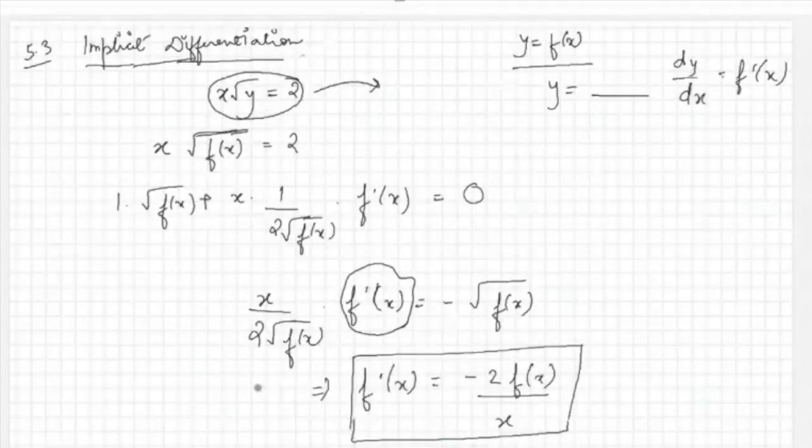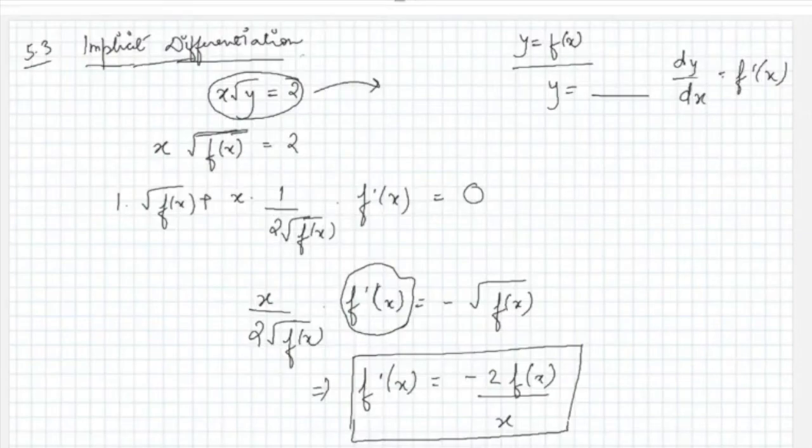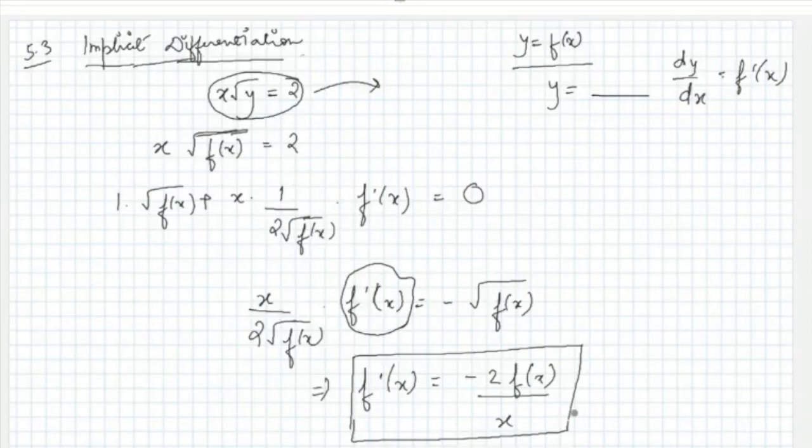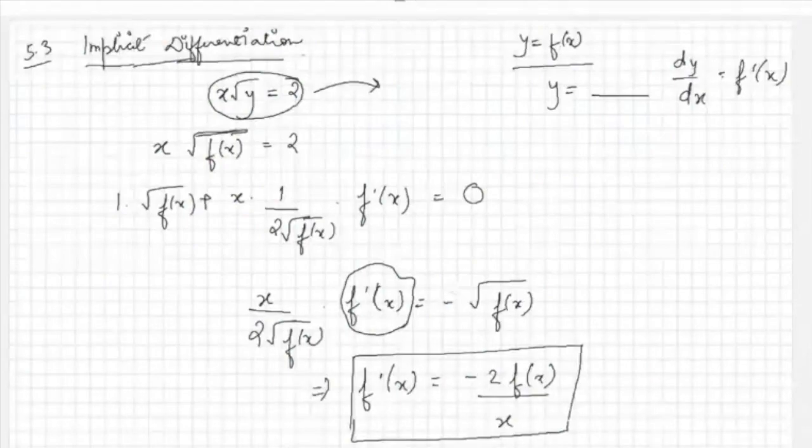So for such functions where the variables are defined implicitly in the form of an equation, you calculate the derivative by assuming one variable as a function of the other variable. So you assume y as a function of x, and then just apply the chain rule and start solving the question. And once you get the term f prime x, you just single that out, take that out, and calculate the value for f prime x.